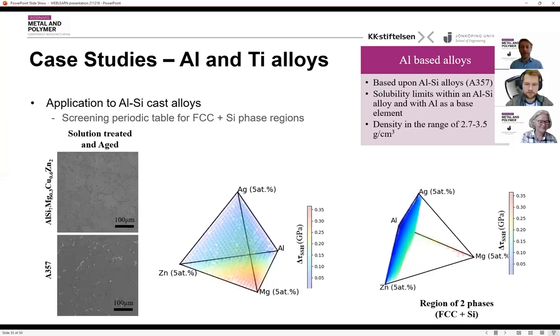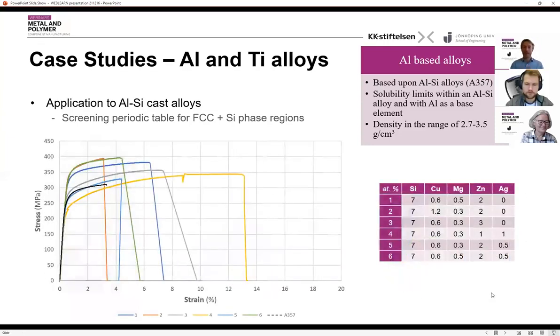What we found was that by increasing silver, even though it is the weakest in terms of solid solution hardening, it gives us increased solubility of zinc, magnesium, and also copper, which is not modeled here. And that led us to the development of these 6 current alloys.